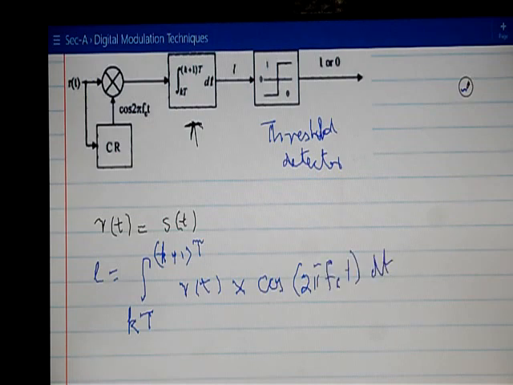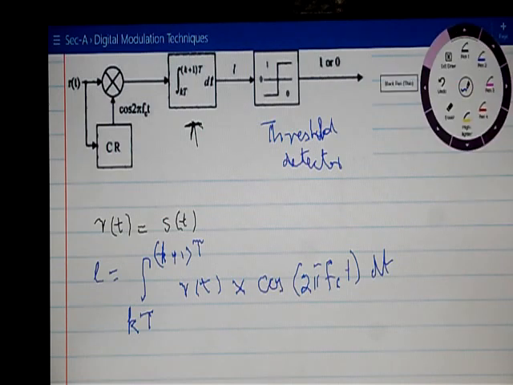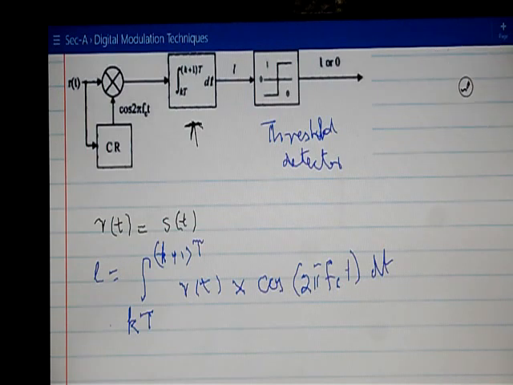This is the output of the integrator. This k is an integer which is just used for representing the integral over one time interval. So for k equal to 0 it would be from 0 to capital T. For k equal to 1 it will be from T to 2T, right?